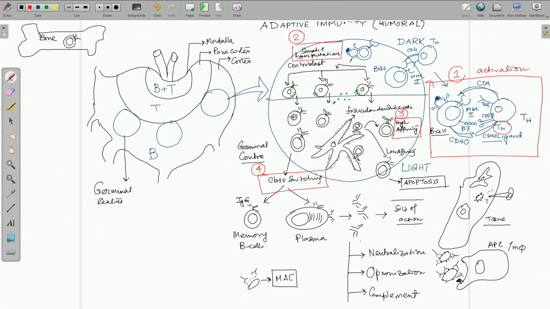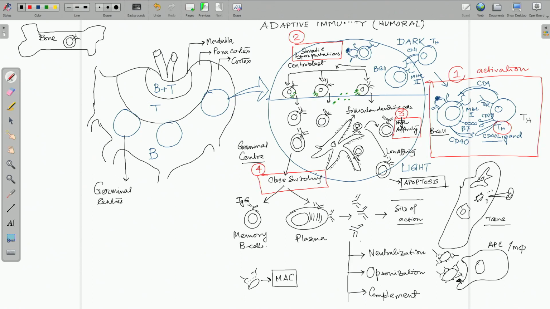These B cells then migrate into the light zone, where the B cells producing high affinity antibodies will be selected. Those B cells which produce low affinity antibodies will be rejected. High affinity antibody producing B cells will then undergo class switching, and finally produce either the memory B cells or the plasma B cells.